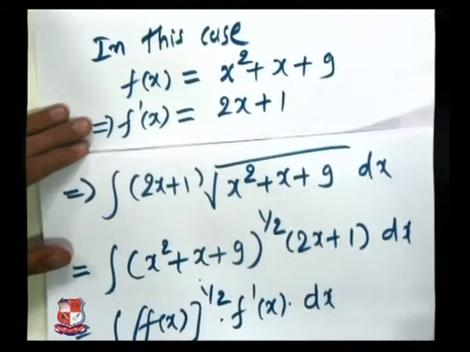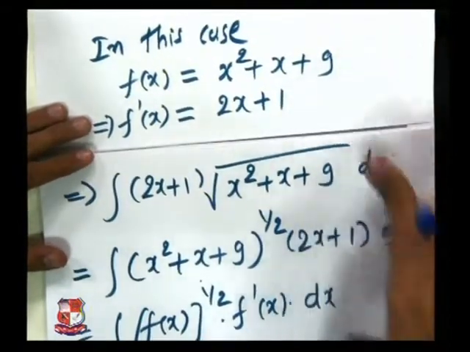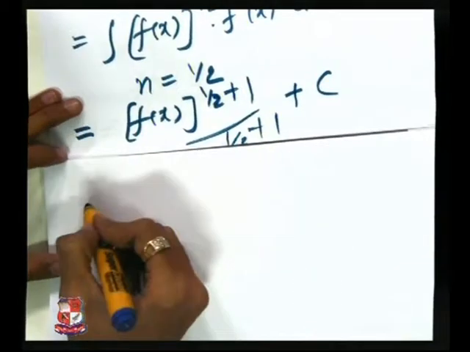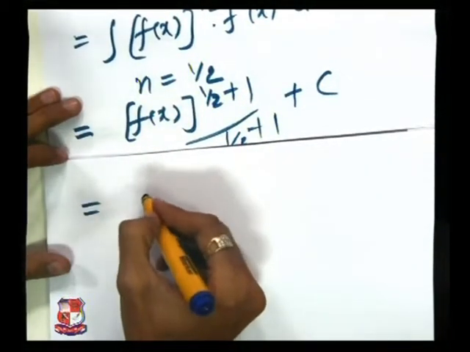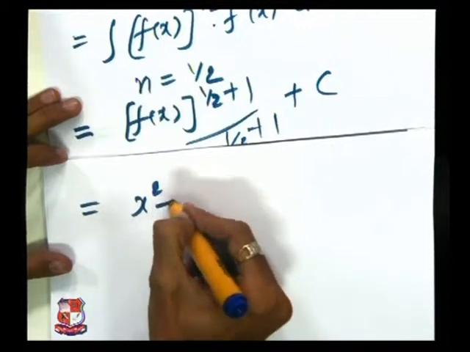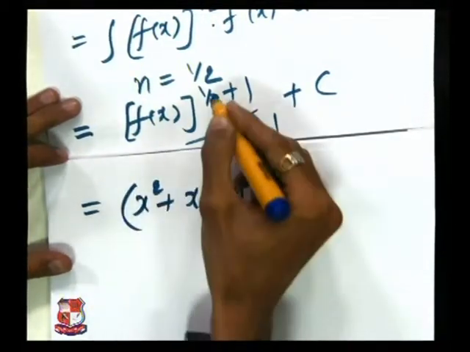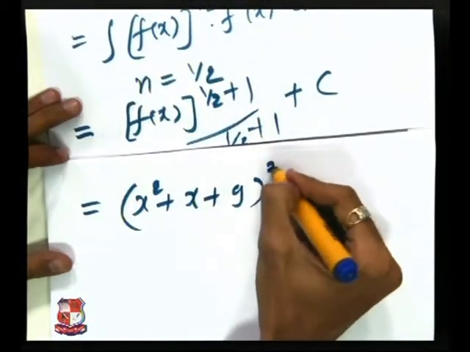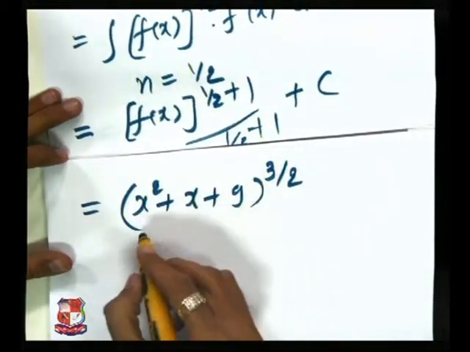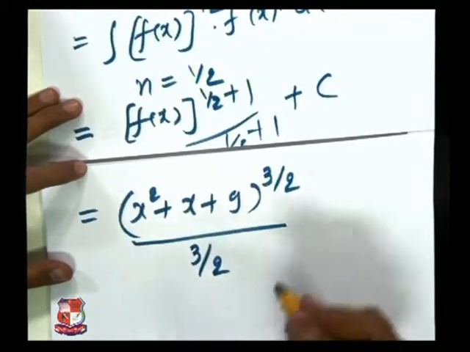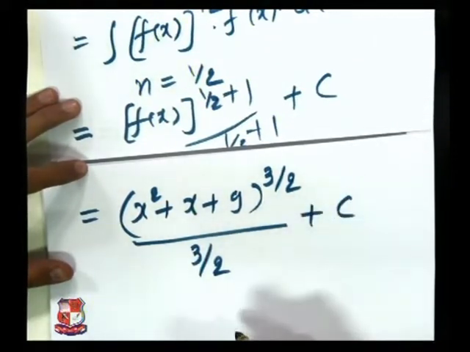That means x square plus x plus 9 raised to 1/2 plus 1, that is 3/2, upon 1/2 plus 1, that is 3/2, plus c.